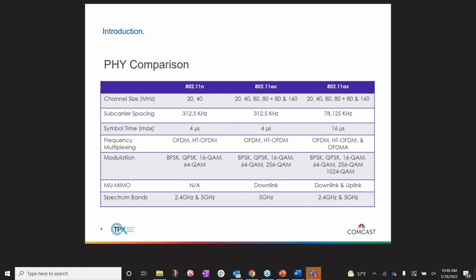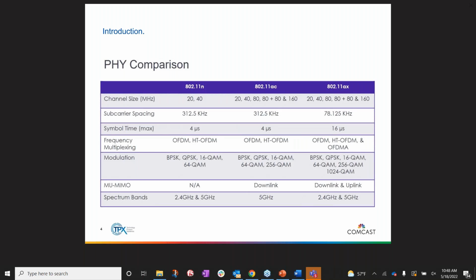And subcarrier spacing has been continued from 11B up to 11AC. In 11AX, we have reduced the subcarrier spacing to accommodate more granular subcarriers. Basically, the subcarrier spacing has been further reduced by 4 times. So that's how you get 78.125 kilohertz here.